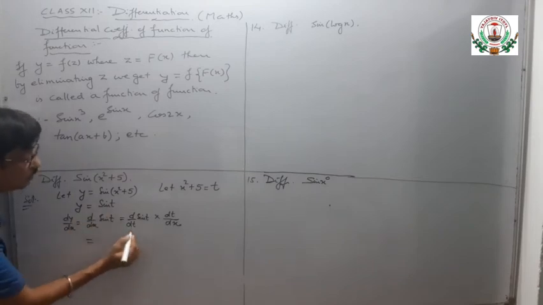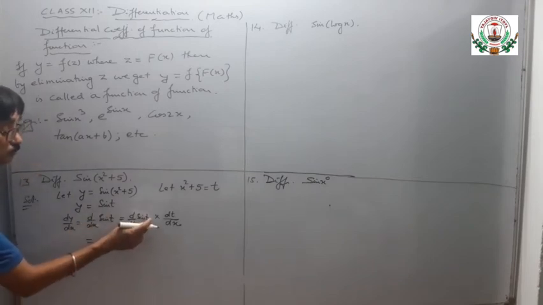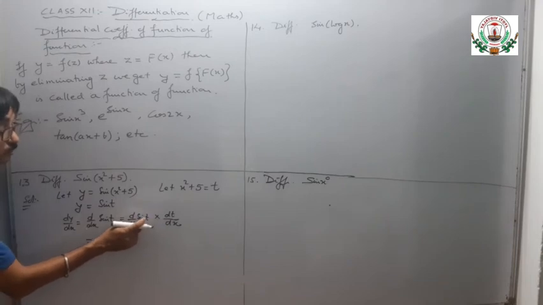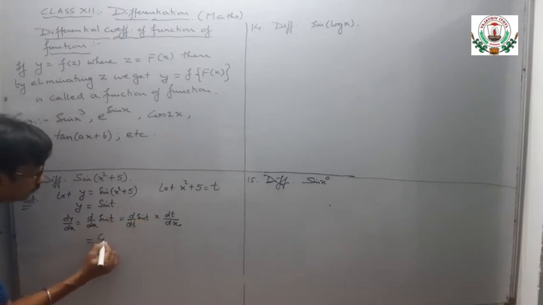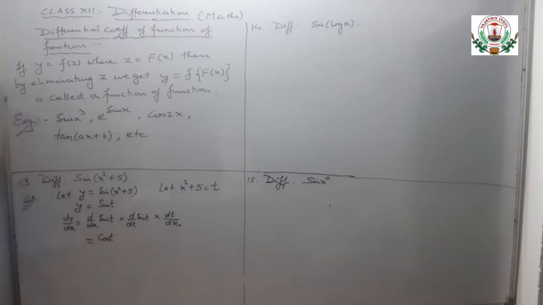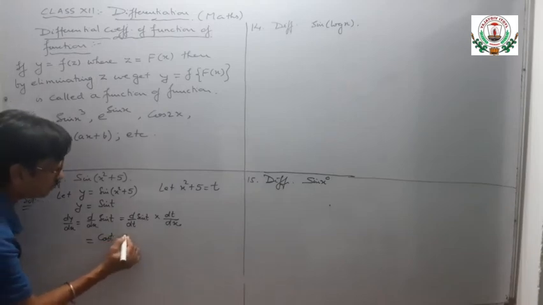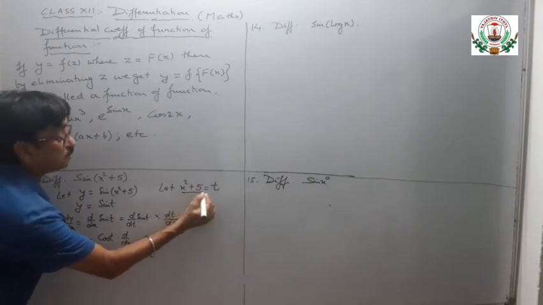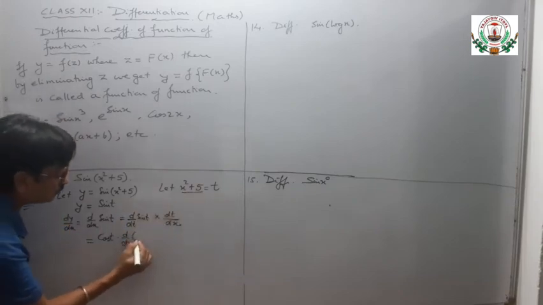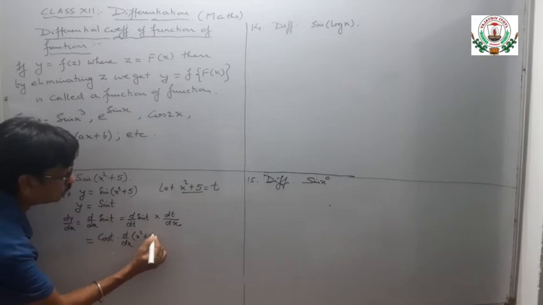So d by dt. Now with respect to t we are going to differentiate this sin t. So d by dt of sin t, now the variables become the same. Now it can be differentiated: d by dt of sin t is cos t, and d by dx of t, what is the value of t, it is our x square plus 5. Now here I am going to write down only x square plus 5.